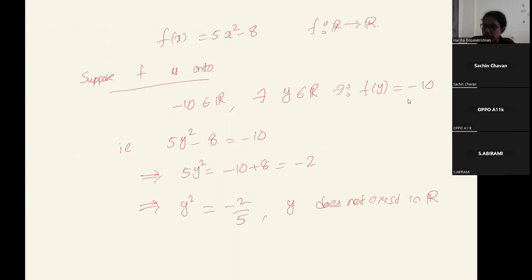What does that mean? Minus 10 does not have a pre-image in R. What does that mean? f is not onto. Clear?